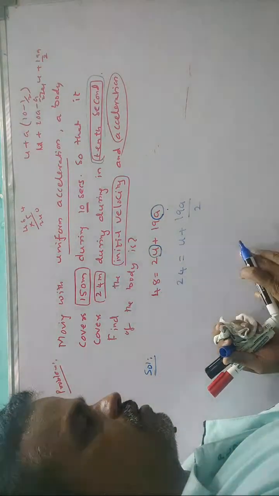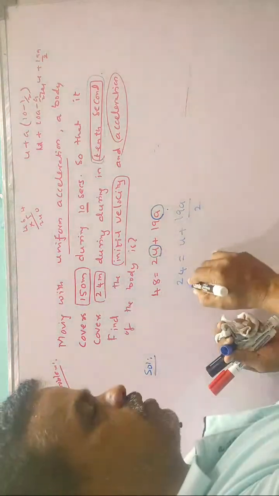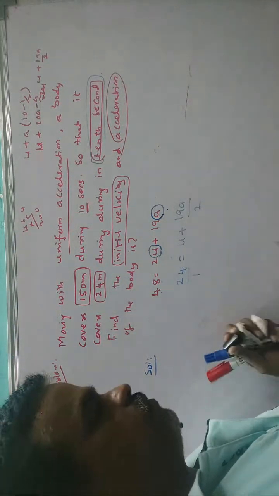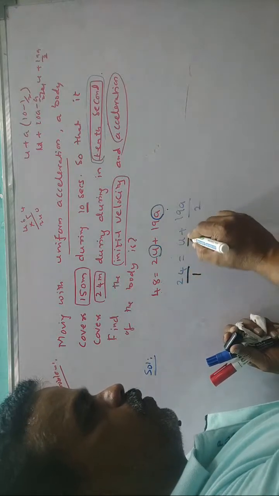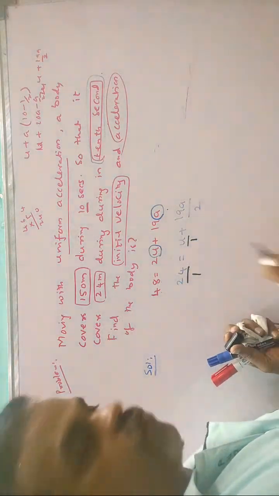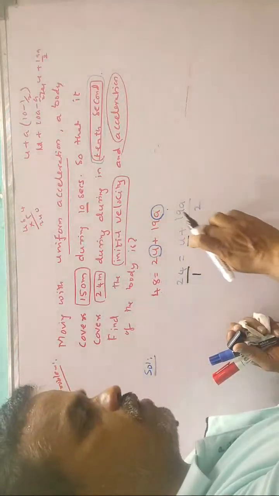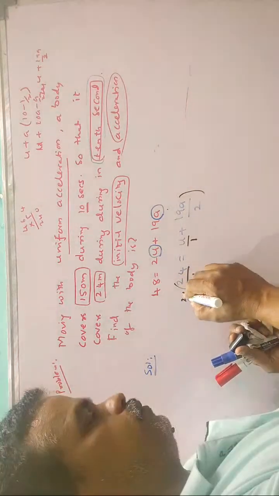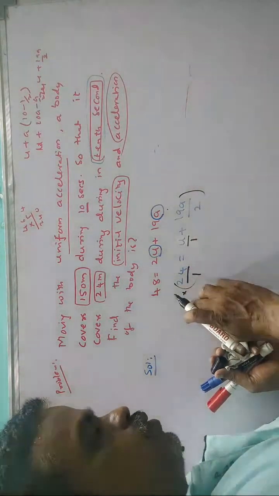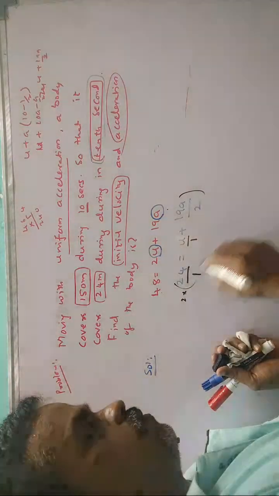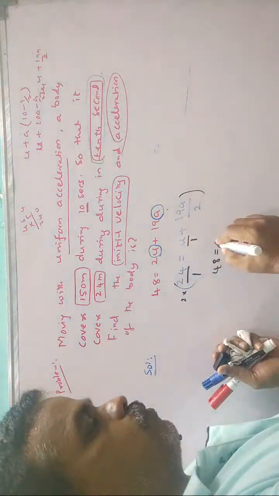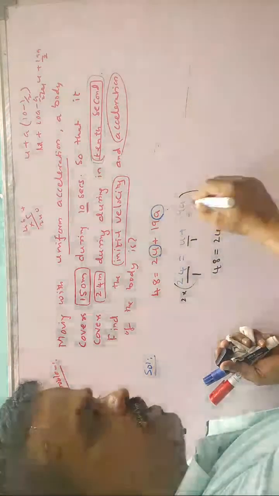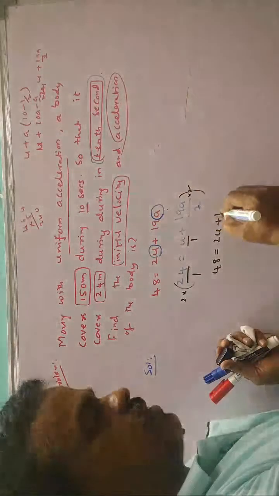So I am changing, see what I have changed here, 24 by 1 equal to u by 1 plus 19a by 2. Just multiply this equation with 2. So 2 into 24, 48, 2 into u, 2u plus 2 into 19a by 2, then the 2 will get cancelled, 19a remains.